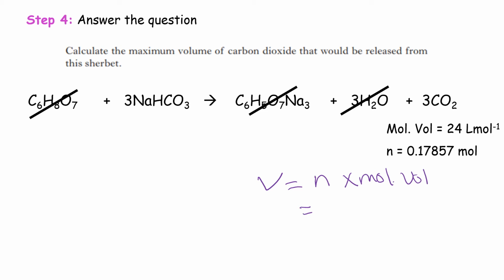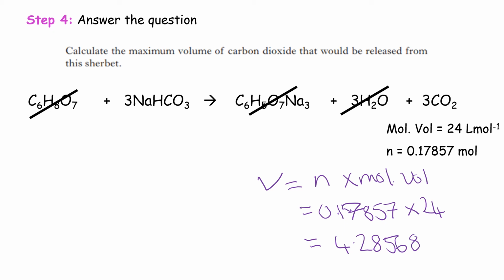So that's going to be 0.17857 multiplied by 24, which gives us 4.28568. And this is where I would round up, to 2 decimal places, 4.29 litres. We've answered the question. So that has covered all the steps necessary, and that's how to do a question like this.